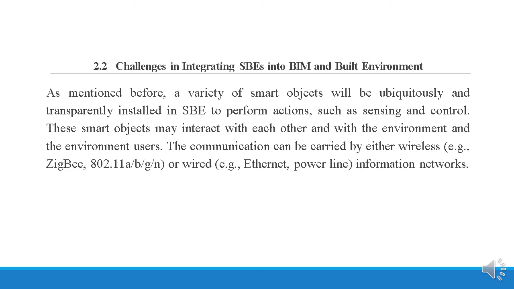2.2 Challenges in integrating SBES into BIM and built environment. As mentioned before, a variety of smart objects will be ubiquitously and transparently installed in SBE to perform actions such as sensing and control. These smart objects may interact with each other and with the environment and the environment users.